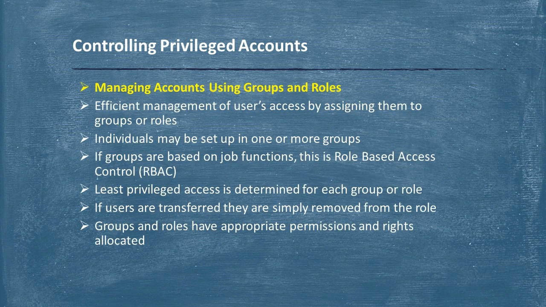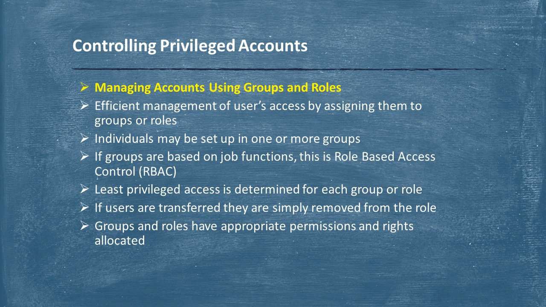Managing user accounts using groups and roles is one method. It allows efficient management of user access by assigning users to a group or role. Individuals may be set up in one or more groups based on their function or role. If groups are based on job function, this is role-based access control.